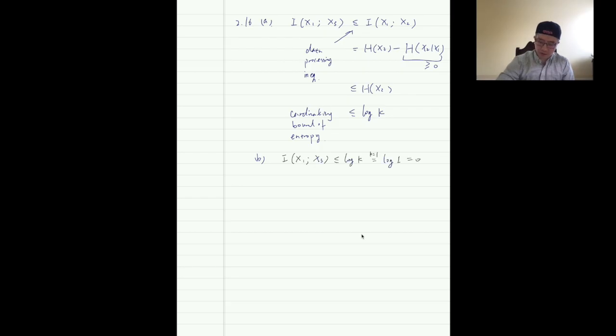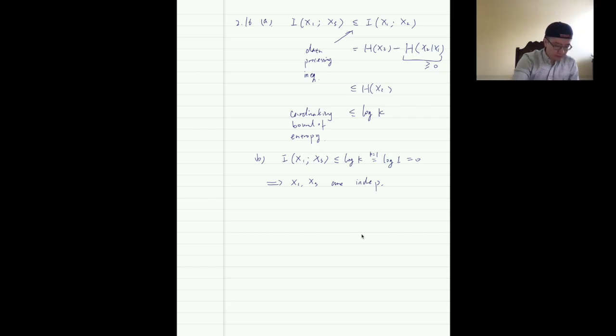This means x1 and x3 are independent. Therefore, no dependence can survive if the middle state has only one state. Okay, great. So this is our question number 16.